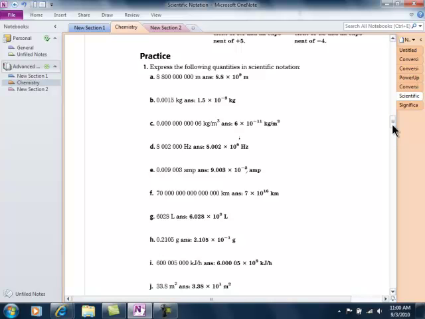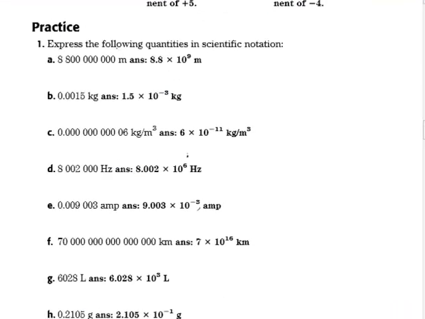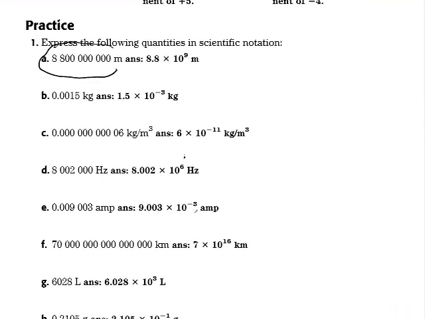Okay. So if I convert 8,000,000 into scientific notation, where am I going to assume the decimal is in this statement? Right here, correct? Okay.